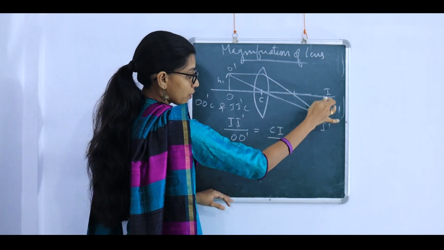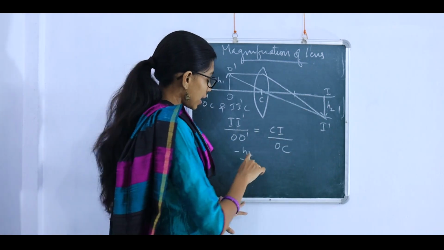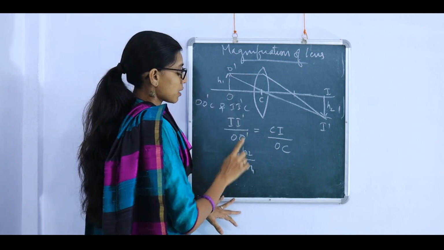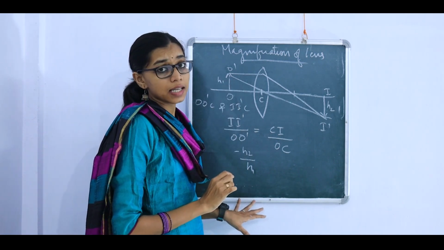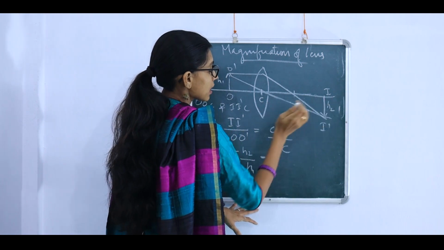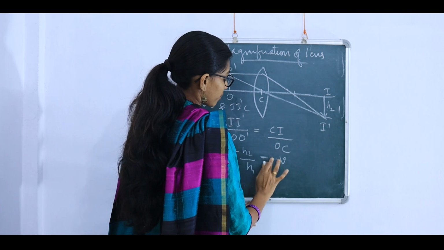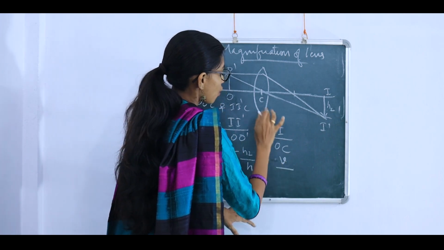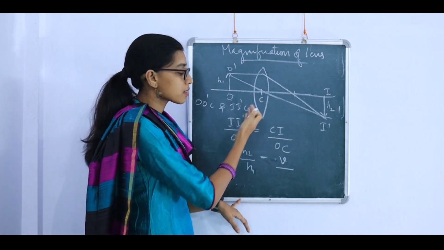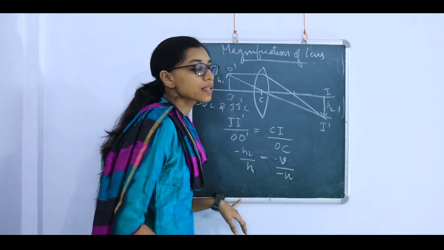H2 is in the negative direction, so we will take minus H2, and H1 is in the positive direction, so we will keep it as H1 itself. Now CI is the image distance that is on the positive side, so plus v, and OC is the object distance in the negative direction, so you will take it as minus u.